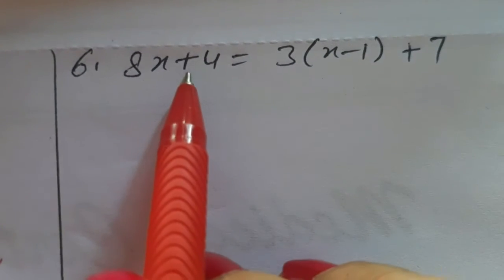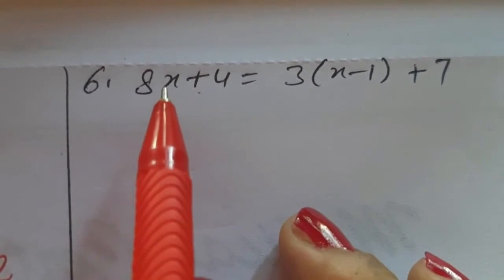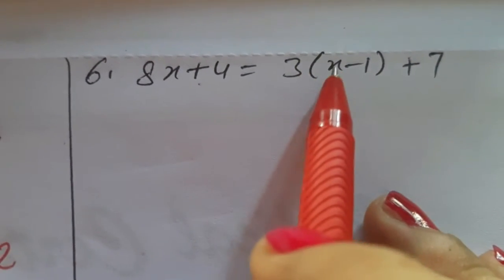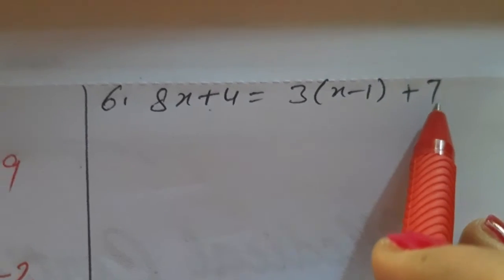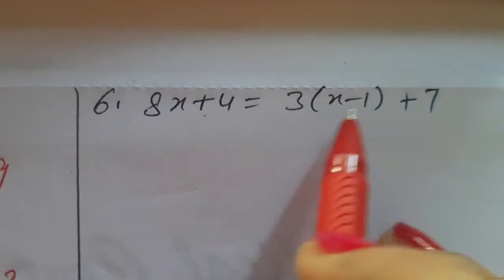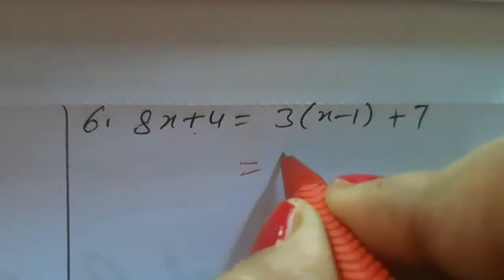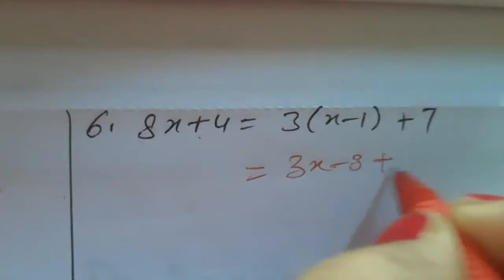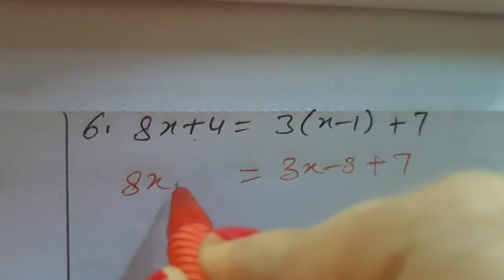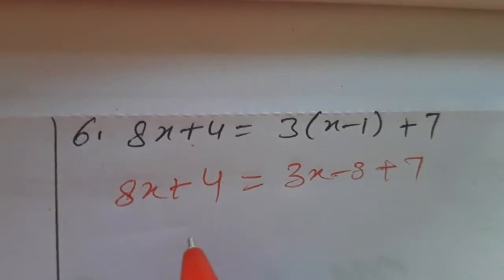Next question is the sixth question. In this question we have 8x plus 4 is equal to 3 times (x minus 1) plus 7. First of all we will open the bracket here. It will be 3x minus 3 plus 7. So on the left hand side we have 8x plus 4.